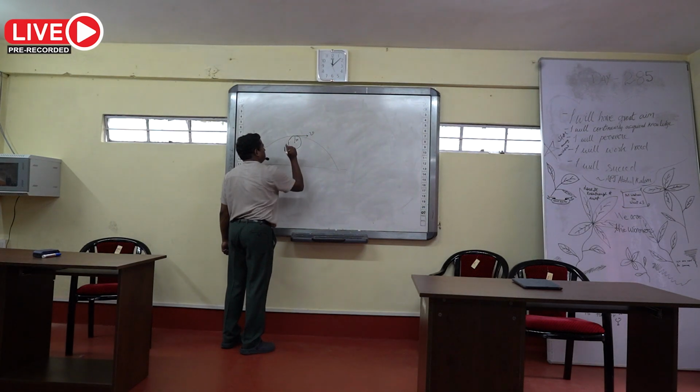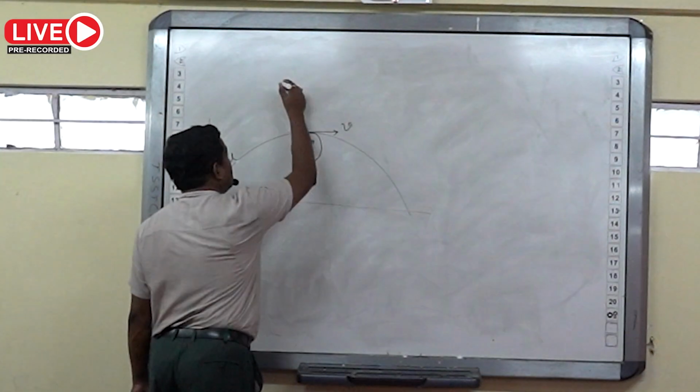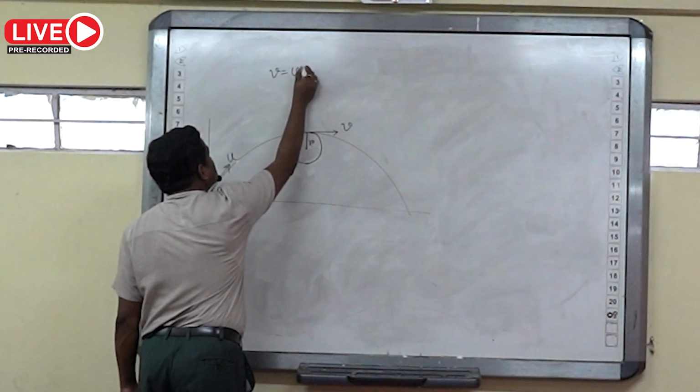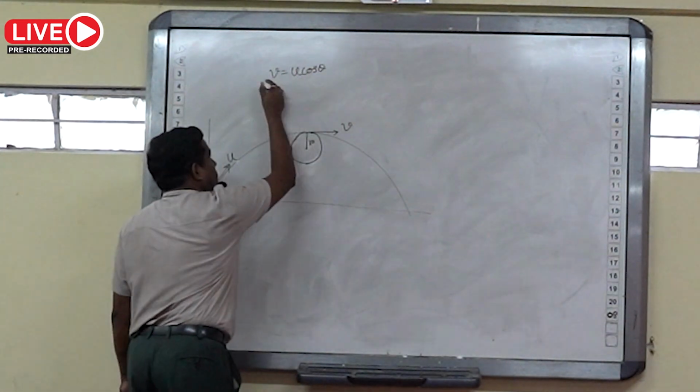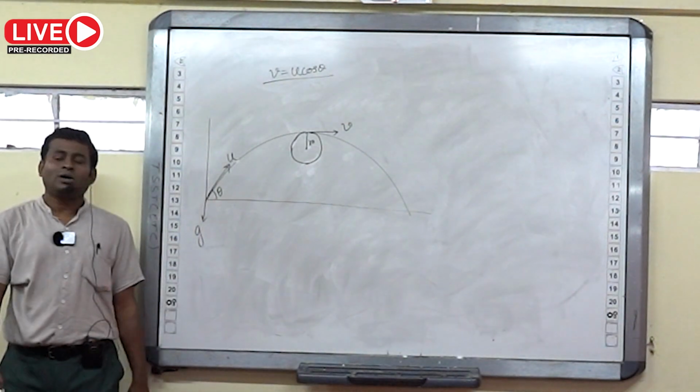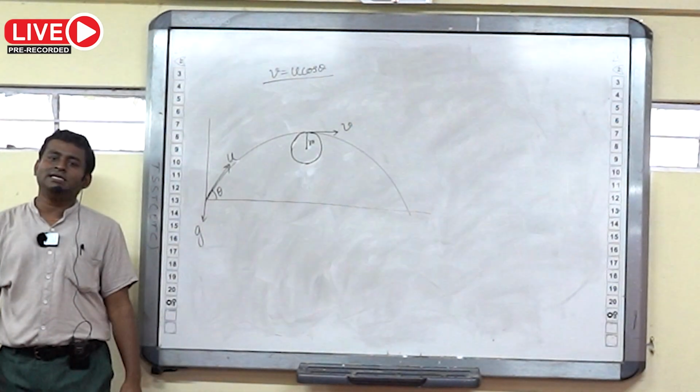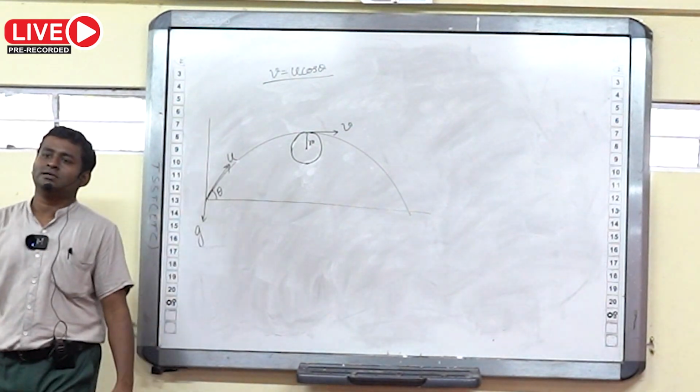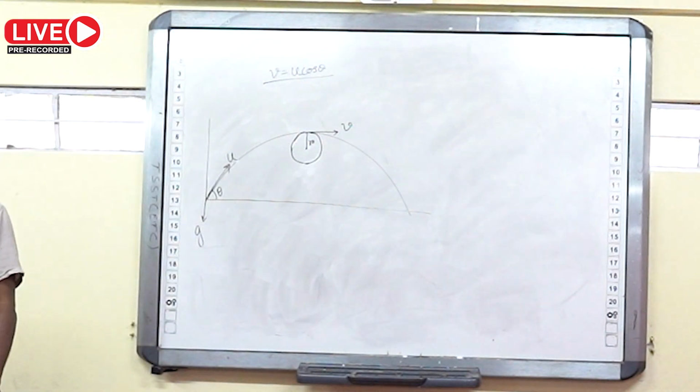Let it be V, and we write V equal to u cos theta. Now, what is the force acting on the particle at the topmost point? mg, because the entire projectile motion happens due to gravity.